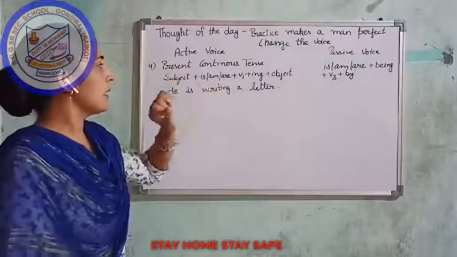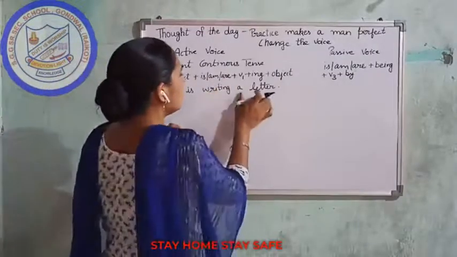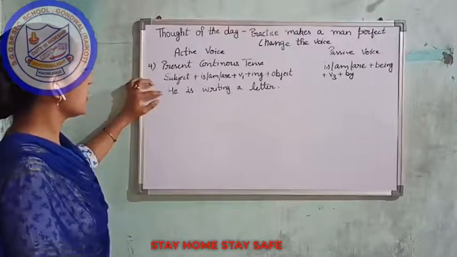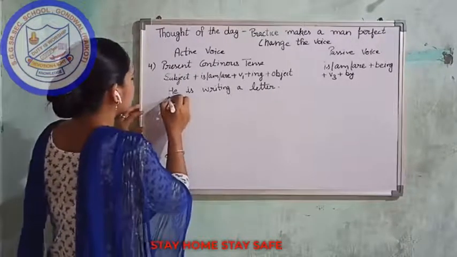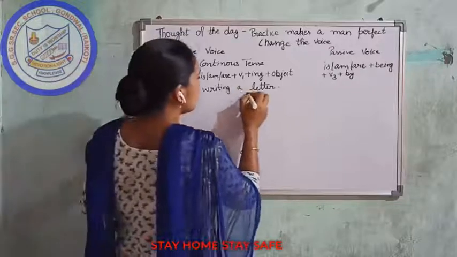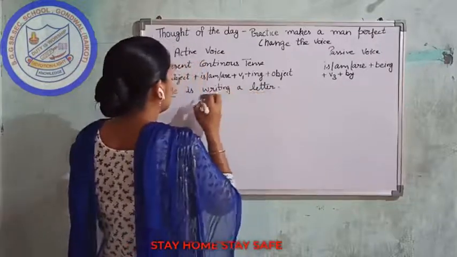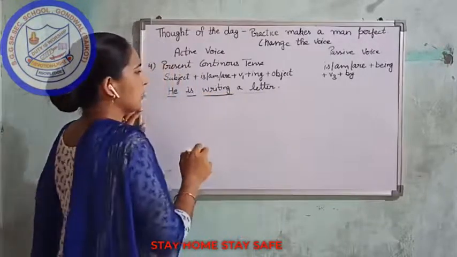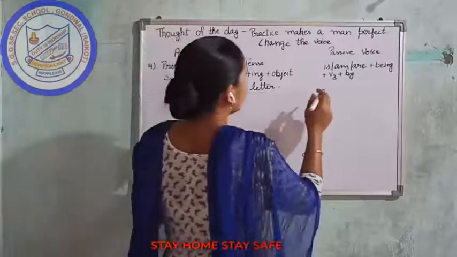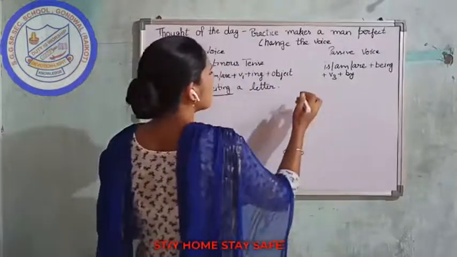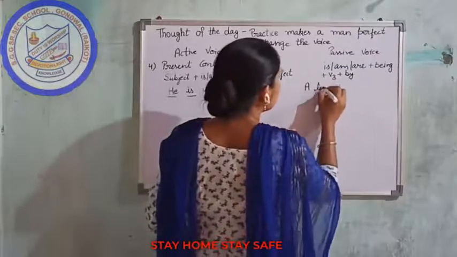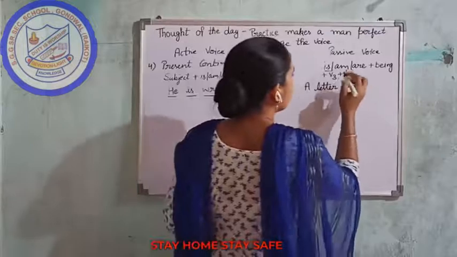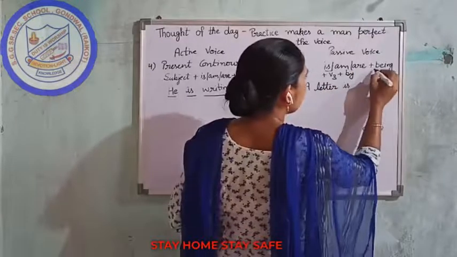He is writing a letter. Then subject. Which is the subject of present continuous tense? He. It is the subject and it is the object. And this is the B1 and it is helping verb. So, in passive voice, we will write like this. A letter, singular. Then is being.